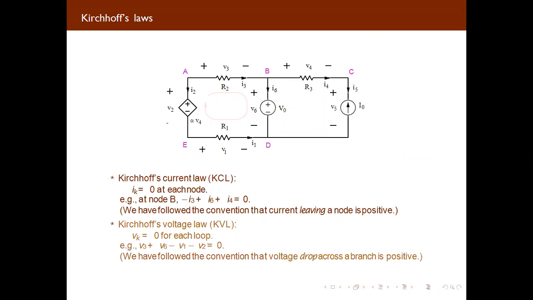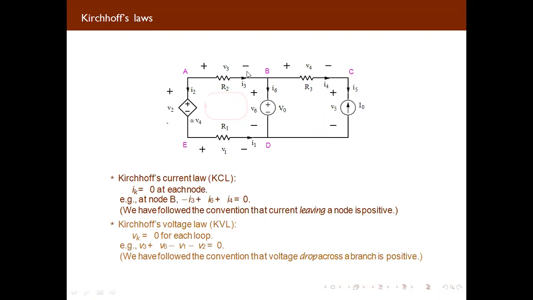So now we are going to study Kirchhoff voltage law. If we are applying Kirchhoff voltage law to our first loop, the first loop is nothing but A, B, D, E. You can see here.